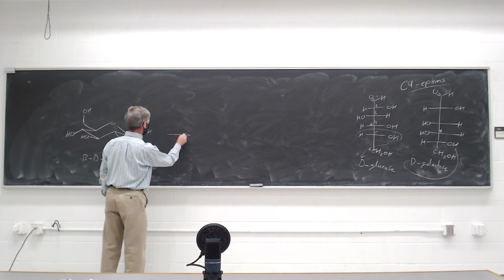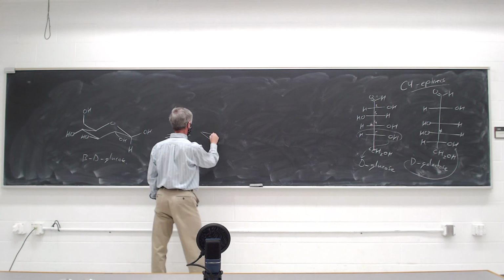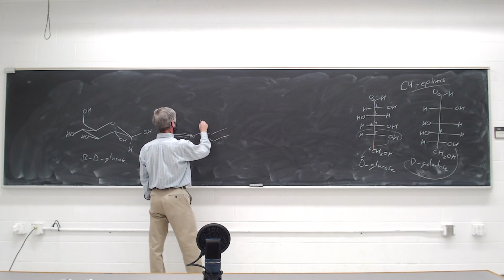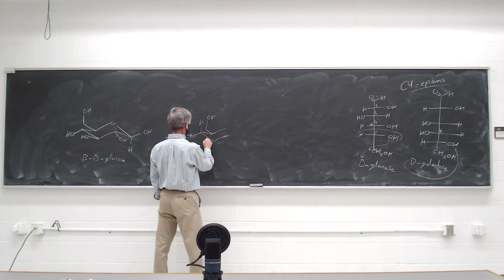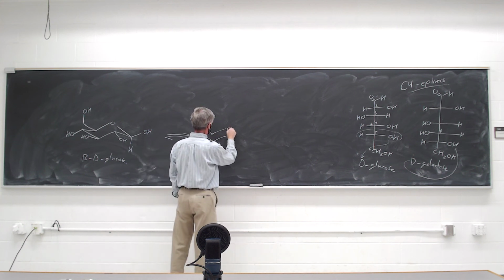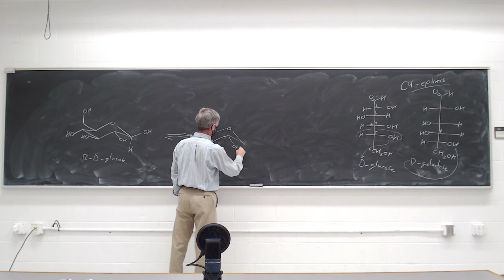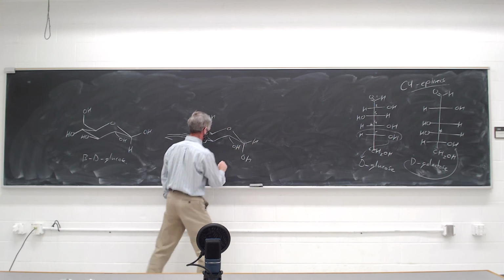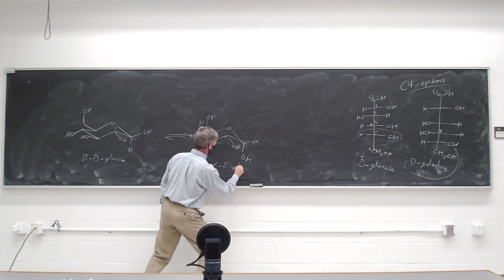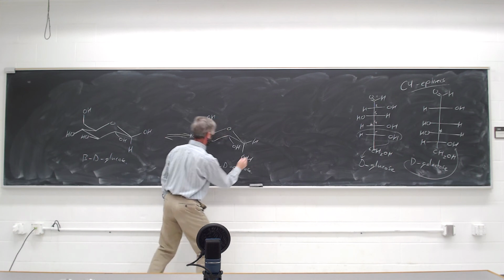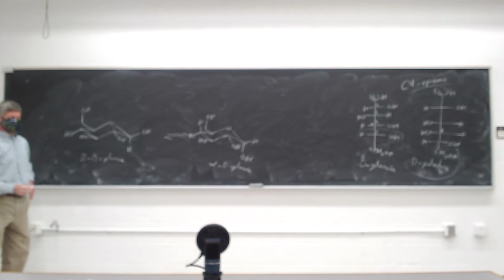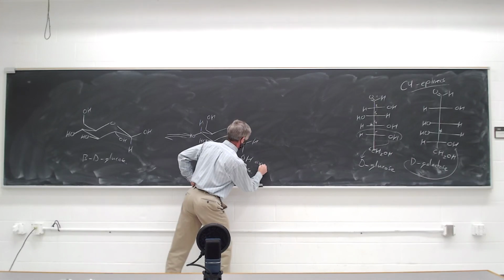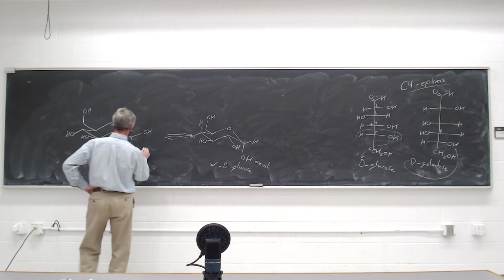And beta D-glucose is in equilibrium with alpha D-glucose, where the OH group is in the axial position in the alpha isomer, and the equatorial position in the beta isomer.